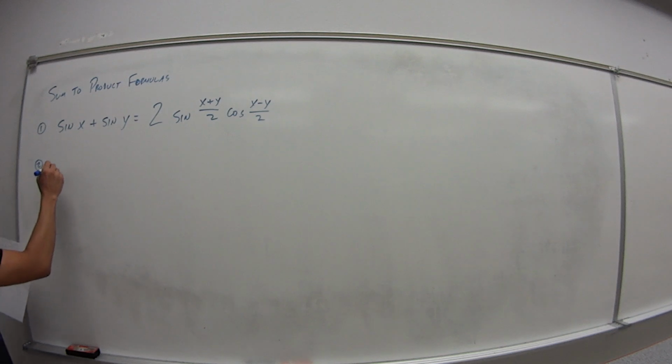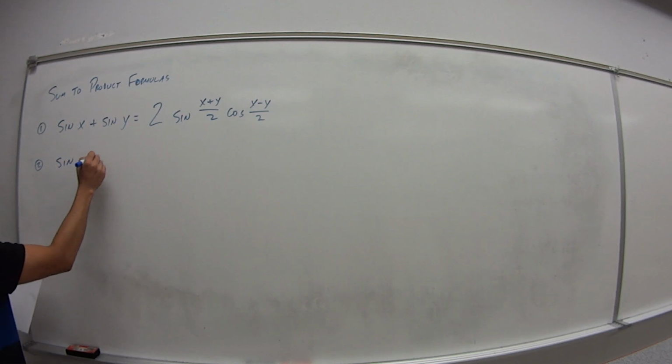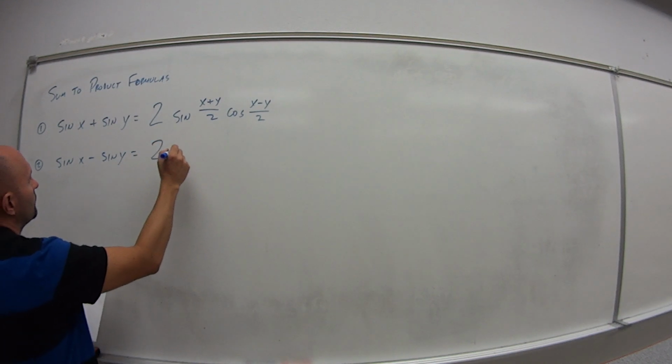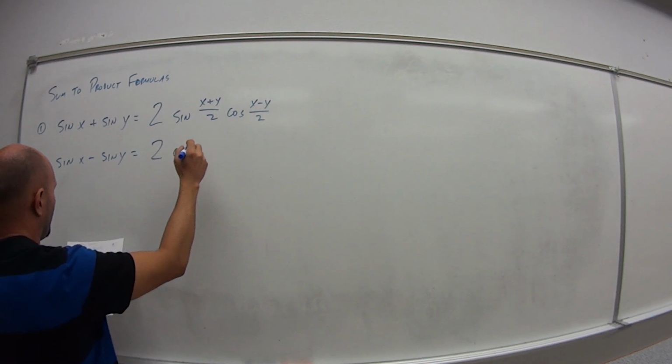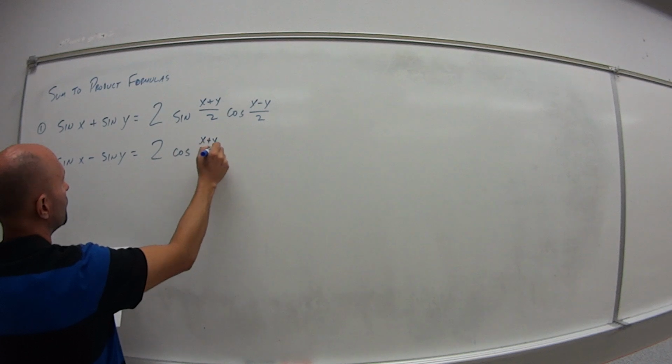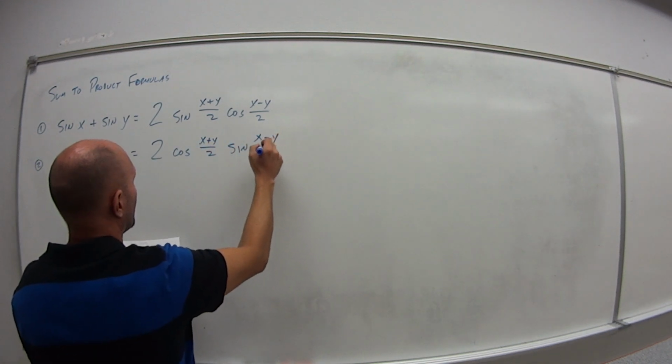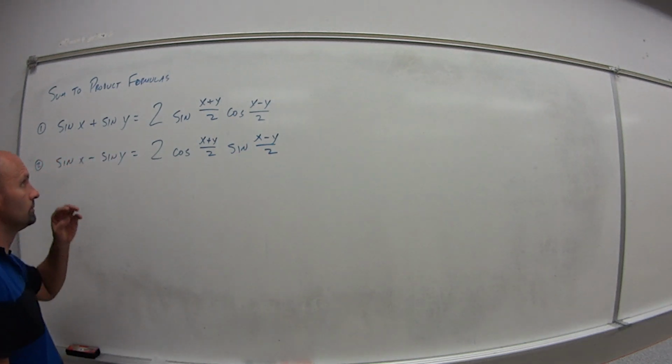For the second one, if we have sine of x minus sine of y, this is 2 cosine of x plus y over 2 times sine of x minus y over 2.